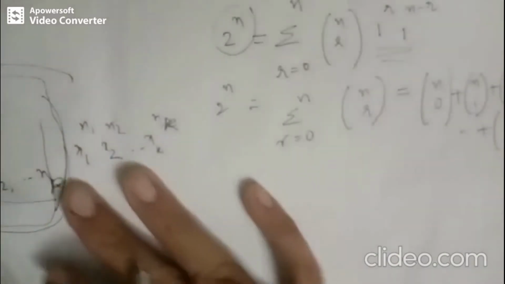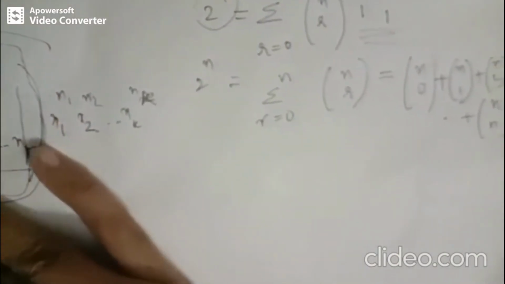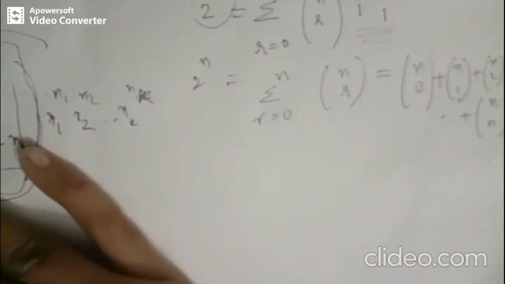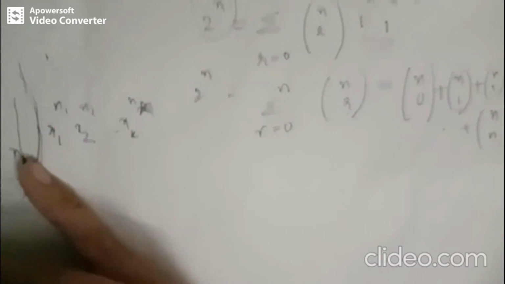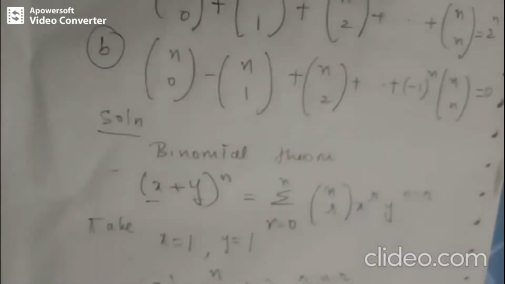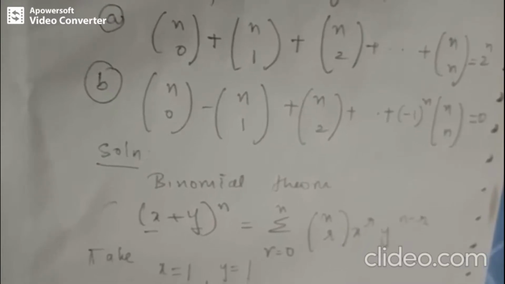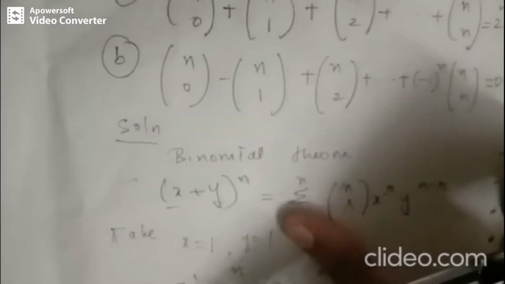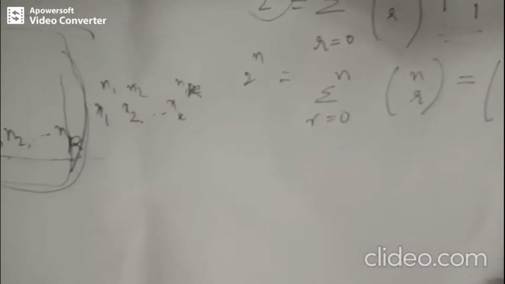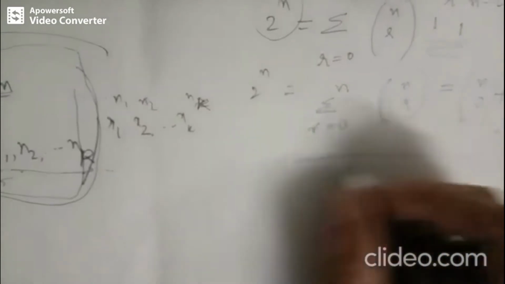Just see whether we have arrived at the result. Observe the question: nC0 plus nC1 plus nC2 plus so on plus nCn is 2 raised to n. Yes, we have reached the question. This is what we had to prove.